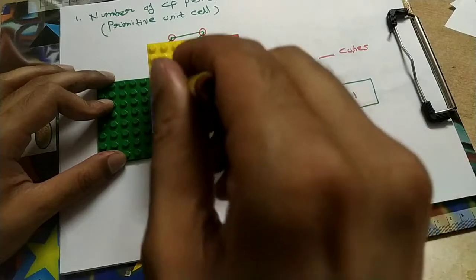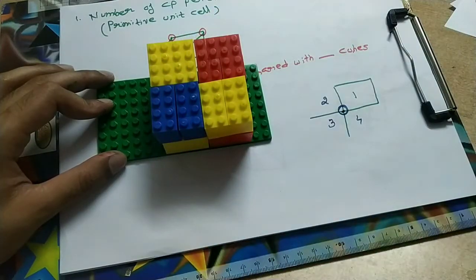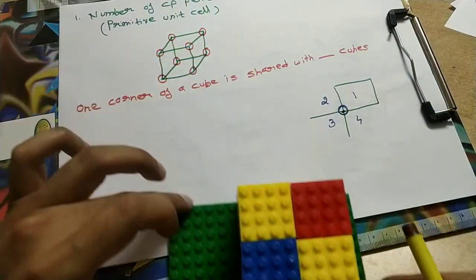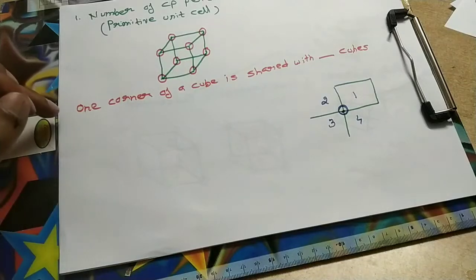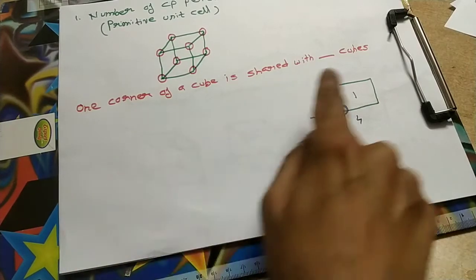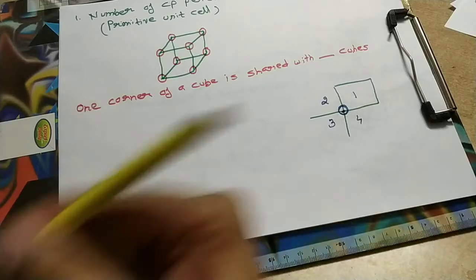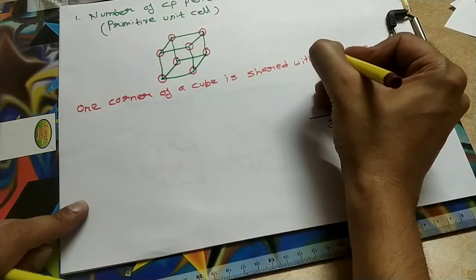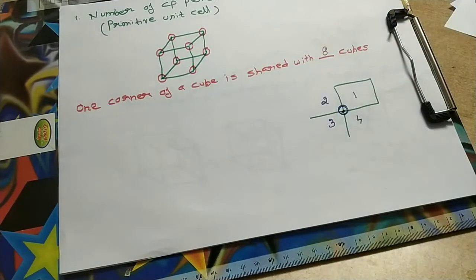Okay, the corner below this. So in a cube, one corner is shared with 8 cubes. Okay, so one corner is shared with how many cubes? 8 cubes.